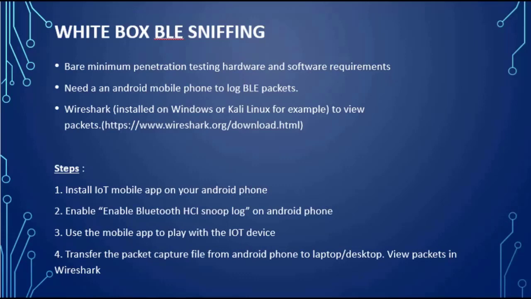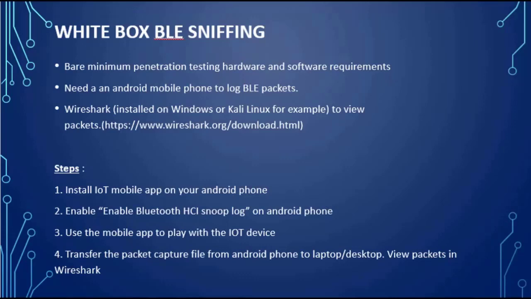Or alternatively, if it's a smart lock, that is the IoT device in question that you want to test, what you could do is you could use your mobile app to lock or unlock the smart lock. Now, once you've played with the IoT device for a few seconds, for let's say 30 to 40 seconds, what you can do is you could then have a look at the packet capture file, which is stored on your Android phone, and then transfer the packet capture file to a laptop or desktop where you have Wireshark.